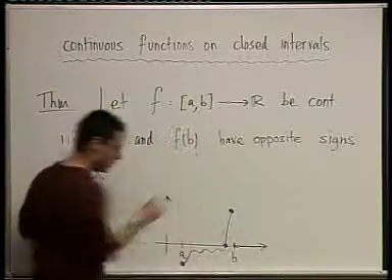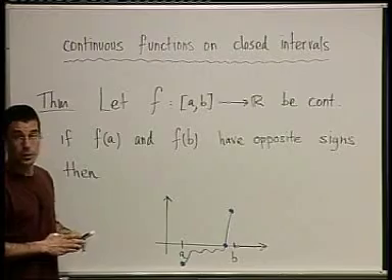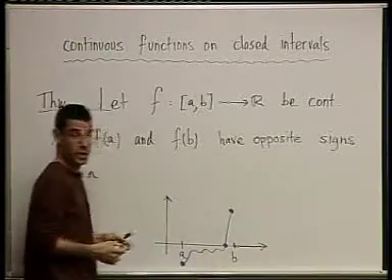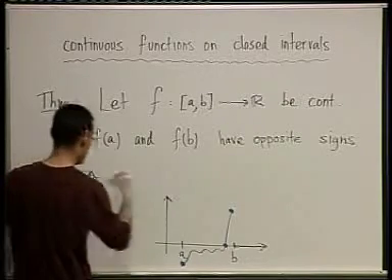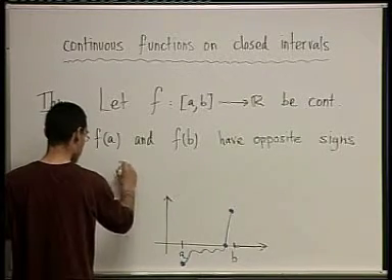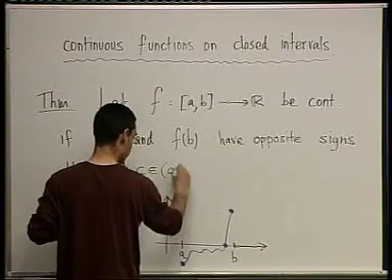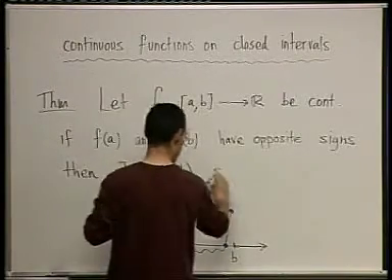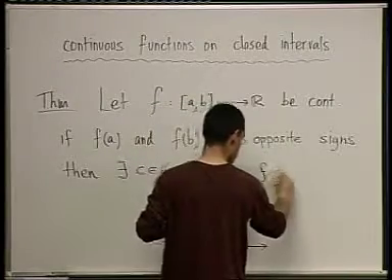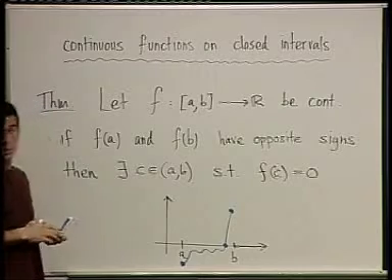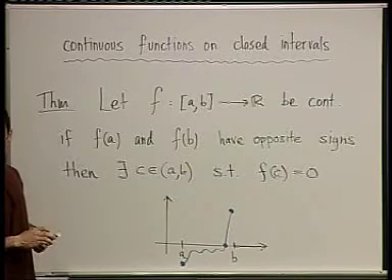I had to cross at some point. Do you agree? So there's going to be at least one. It may be that I'm crossing several times. Okay? So then there exists a C in the interval such that f of c is 0. Does everybody agree intuitively to this statement? Okay?